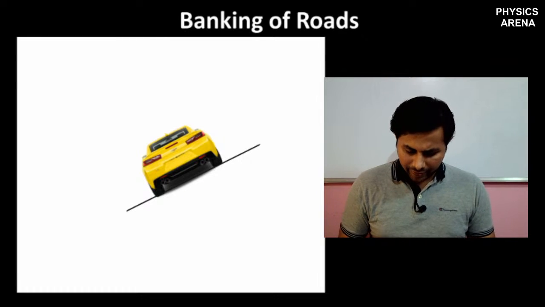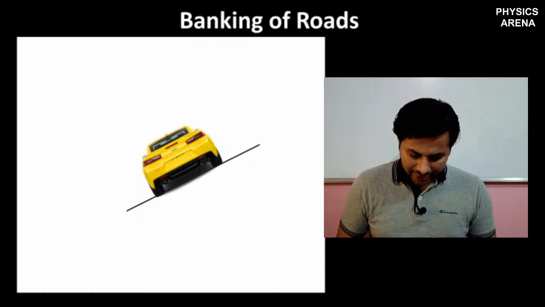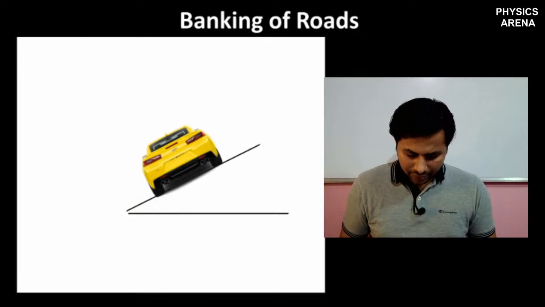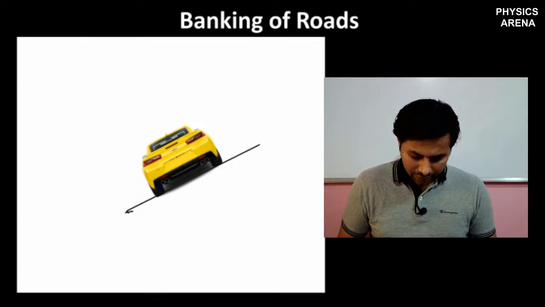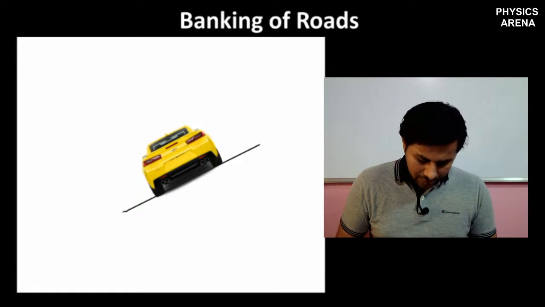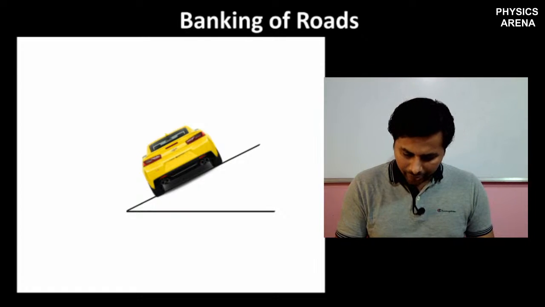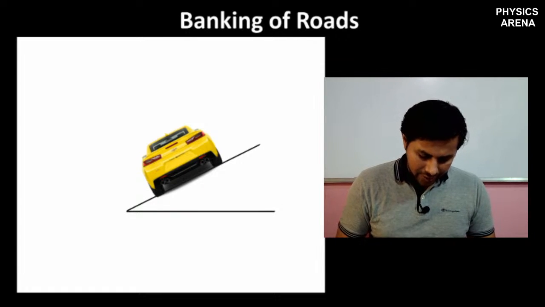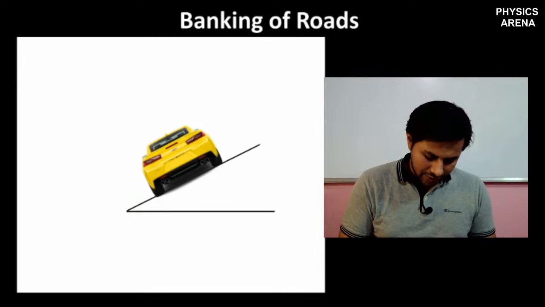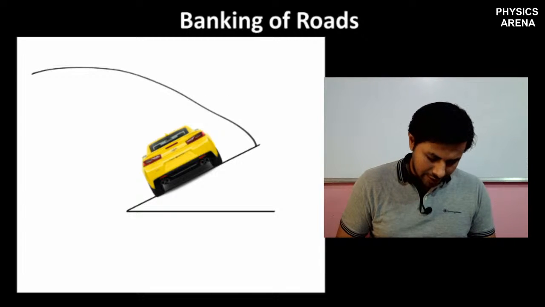So this much is banking, and the road is curved like this, something like this.